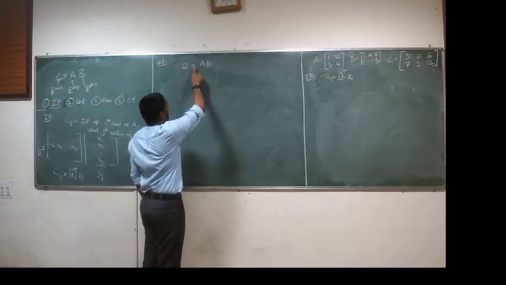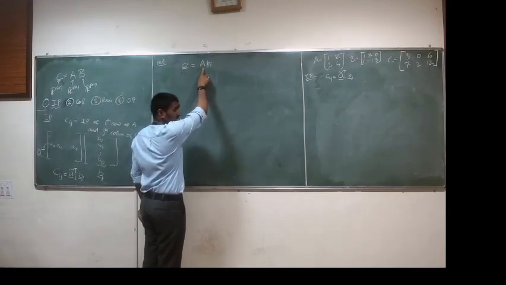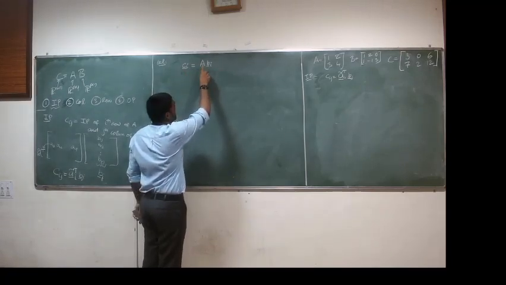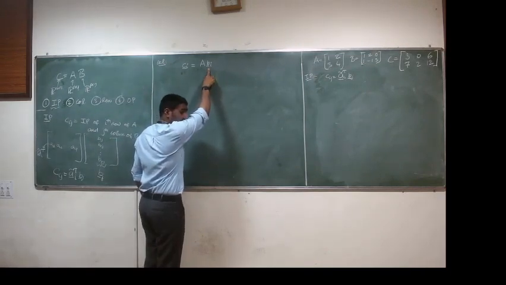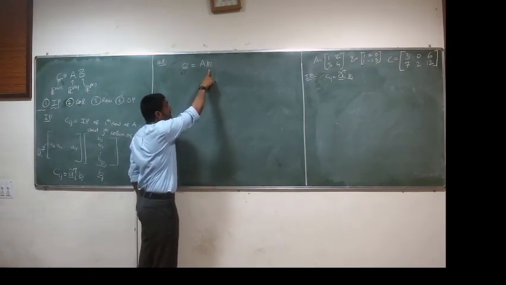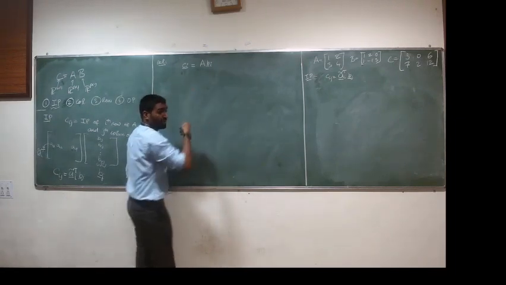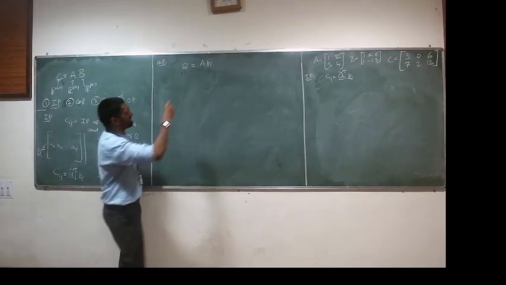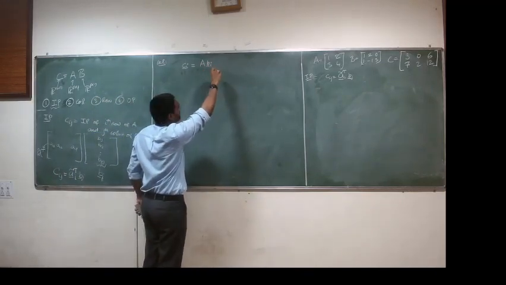The ith column of C is simply the linear combination of the columns of A, and the exact mixture of that linear combination comes from the elements of the ith column of B. Maybe that's a lot to think about, but it's not that complicated.